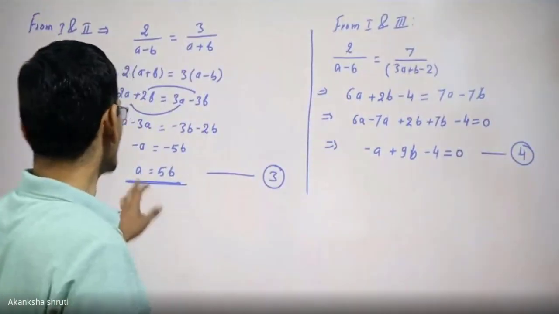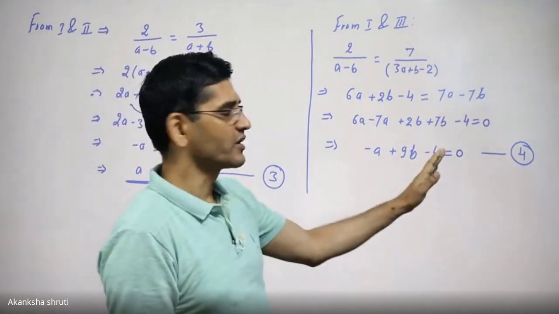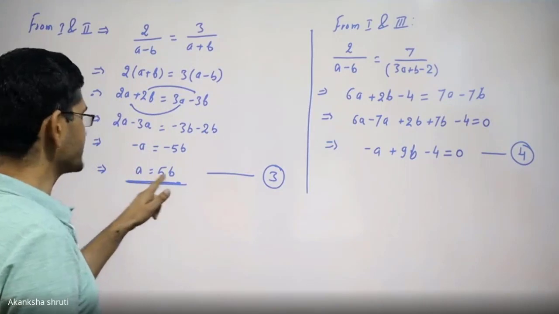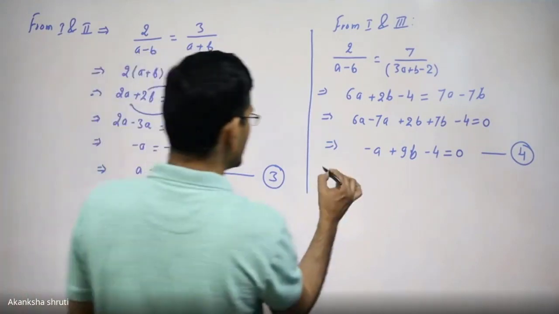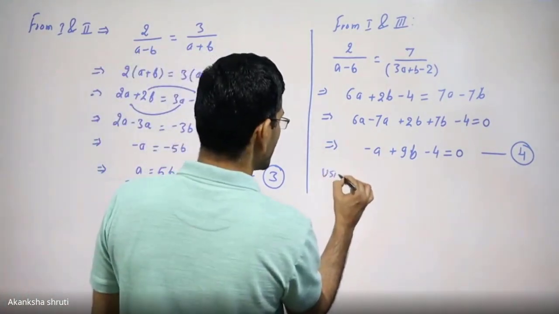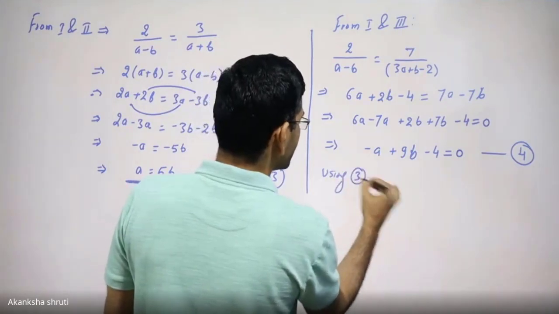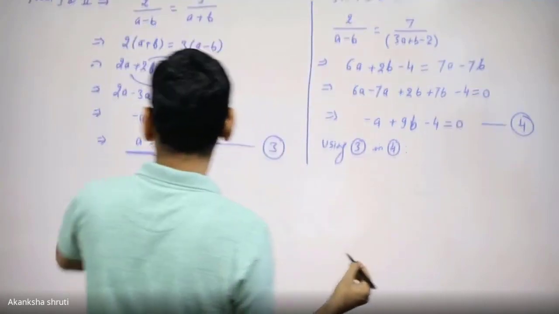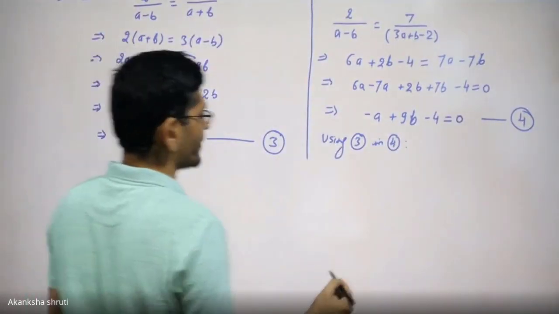Now we have to solve equations number 3 and 4 to find the value of a and b. How can I solve? See, a is 5b, very simple to use. So using 3 in 4, what are we going to get? In place of a, I will use 5b.